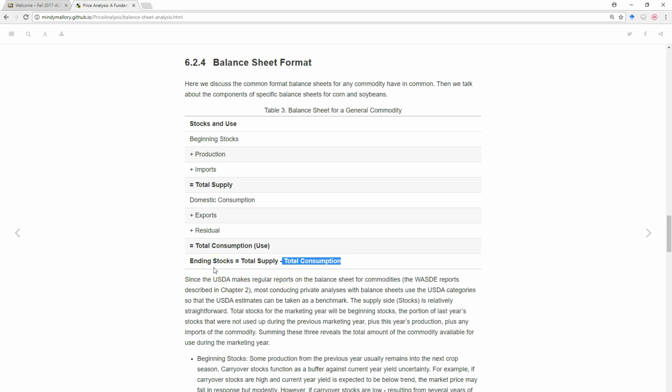And think about it, in the next marketing year, that's the number we'll put here as beginning stocks. So what we have left over this marketing year will become the next marketing year's beginning stocks. And that tells us how much of a supply and demand balance we have. If ending stocks are very high, we know we have a surplus, prices are probably pretty low, and likewise, if ending stocks are low, that means demand is strong and supply is relatively scarce. Prices are probably going to be pretty high in that kind of environment.